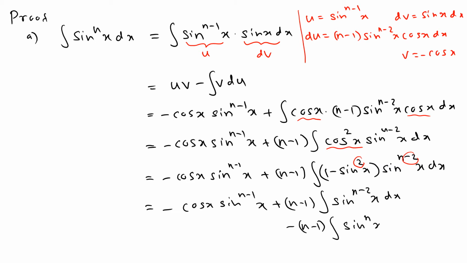Now I'm going to move this term to the other side. Once you move this term to the other side, you're going to add up, so you're going to get n times the integral of sine^n x dx, and then you're going to divide the whole equation by n.